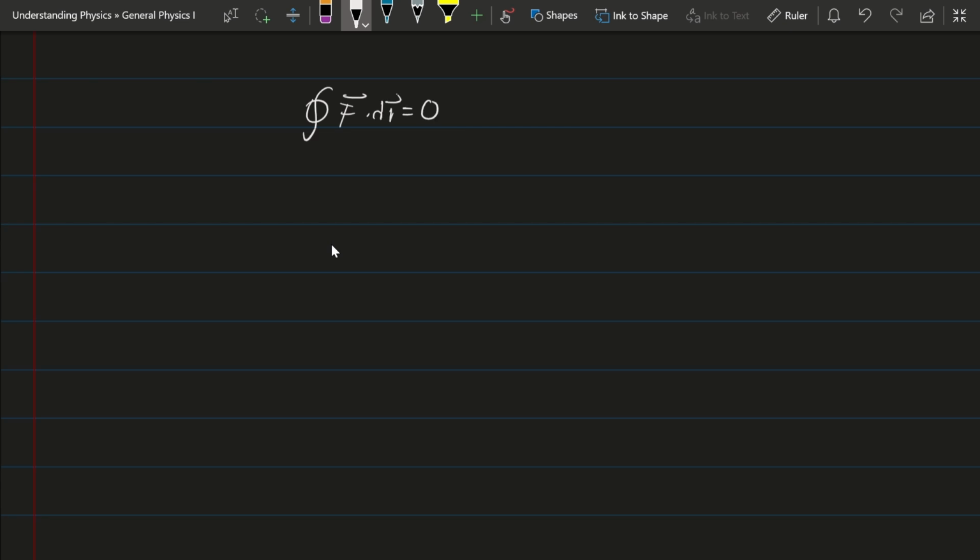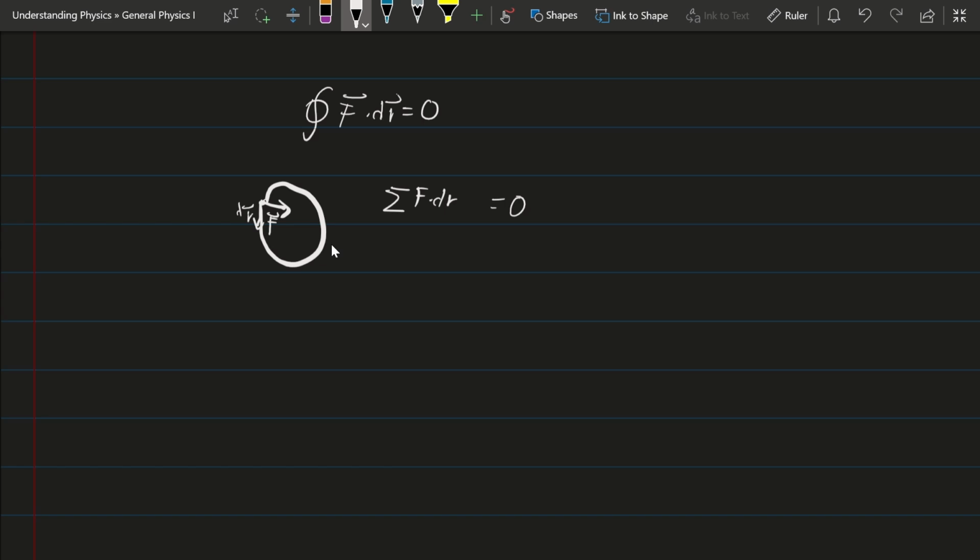The way you describe this is that if you are doing a closed path, and you know the F vector to be this one, and the dr vector is going in this direction, if you do F dot dr and sum it, this will equal 0. This is one of the important things that you need to remember in doing these types of problems.